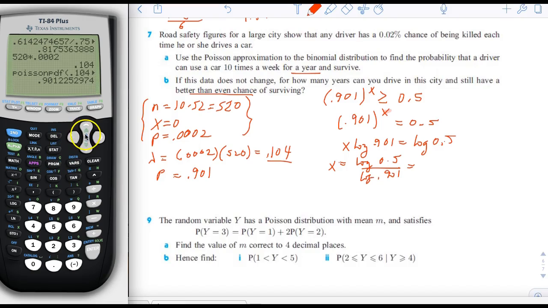And it turns out, here it is, log of 0.5 divided by log of 0.901 is 6.65 years. Wow, if you drive 6.65 years, you already have a 50% chance of dying. That's pretty bad.